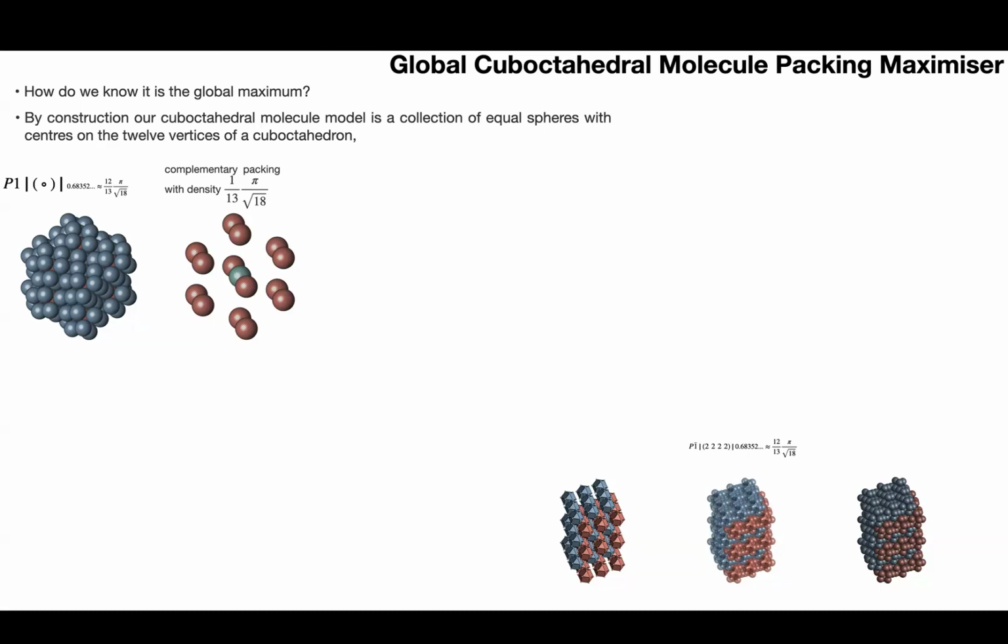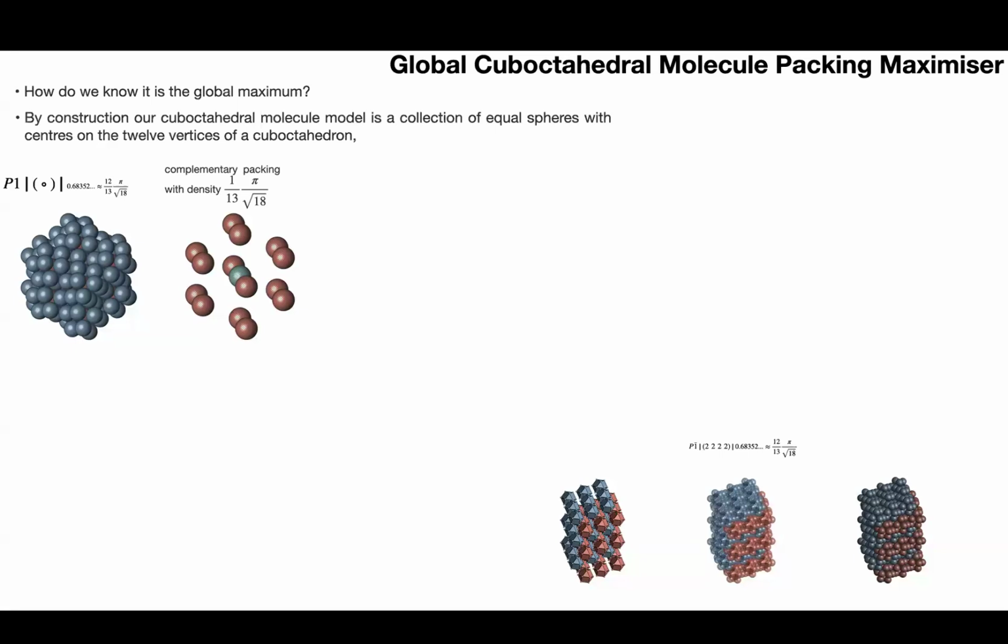It is also a lattice packing of cuboctahedra, but the spheres are missing one sphere for every cuboctahedron. The red ones are the complementary packing, exactly the one sphere that's missing.